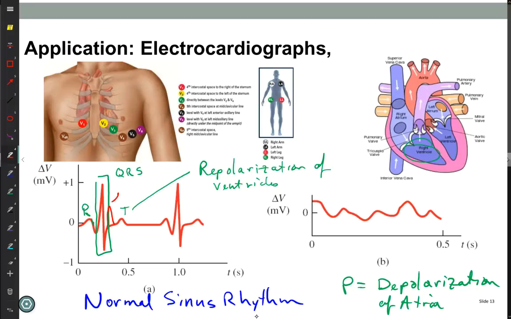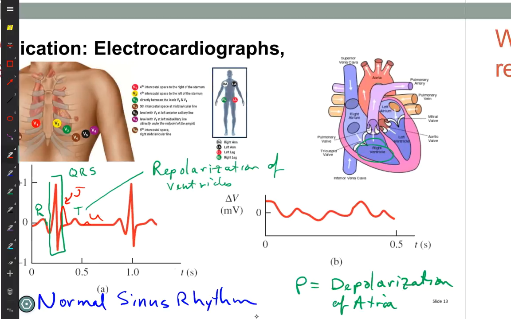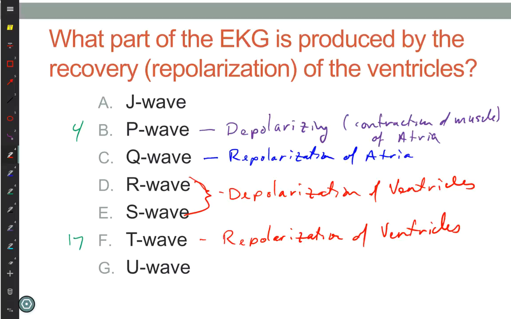That's the J right there. And then the U is a very weak signal here. I don't remember exactly what caused the U, but it's so small, it's very rarely observed and nobody cares about it. I put them on here because they are parts of the electrical signal.